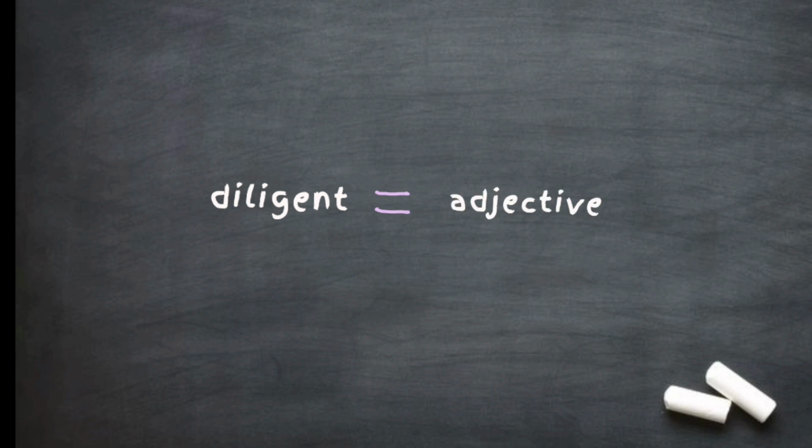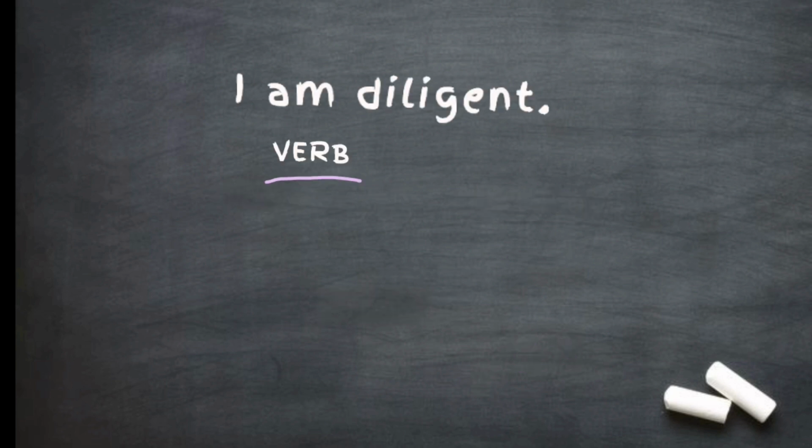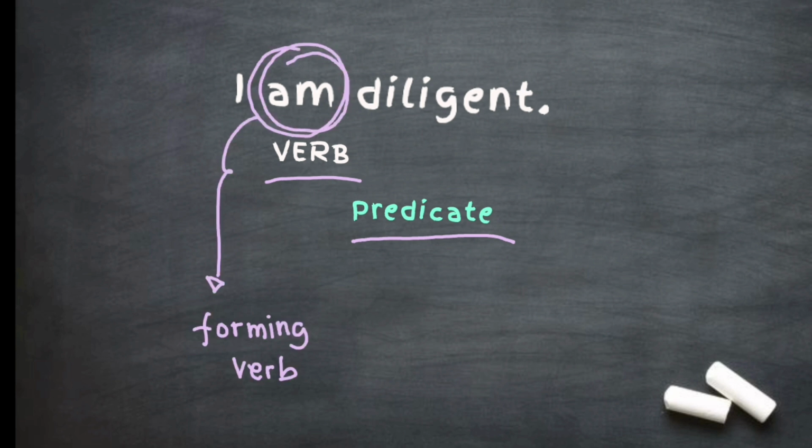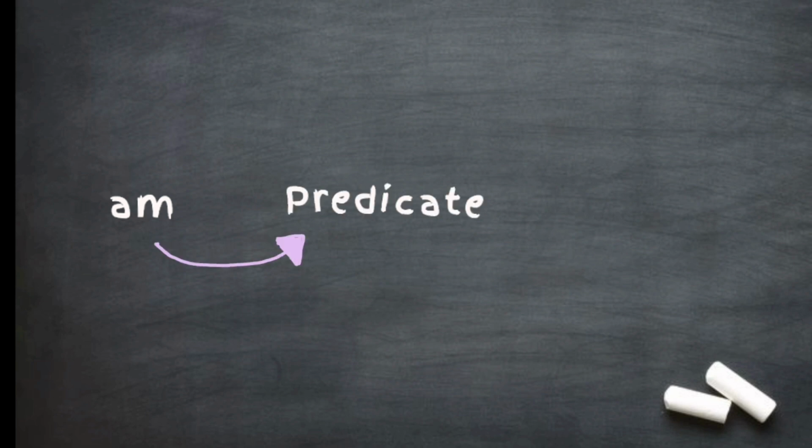Miss, don't you think that diligent is adjective? Yeah, sure. Diligent belongs to adjective. But to make it a verb as the predicate in the sentence, there comes to be, that is am. So the existence of am there makes the predicate as if it is a verb.